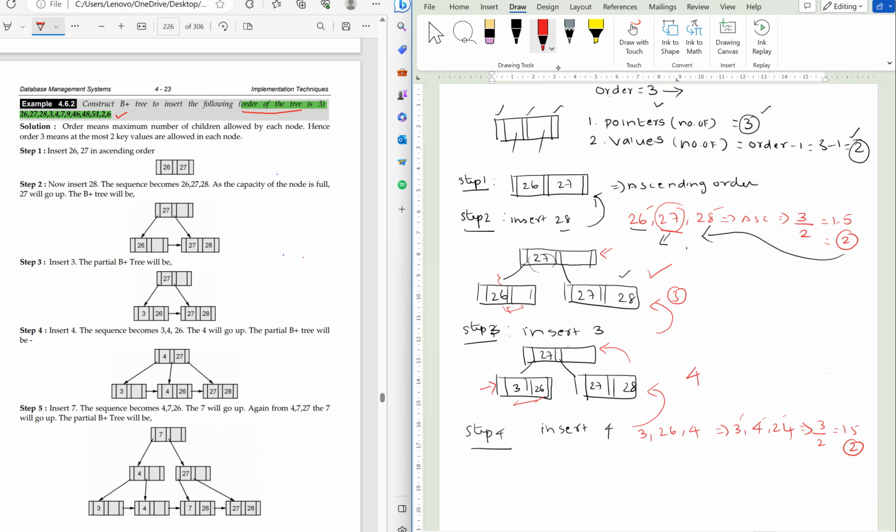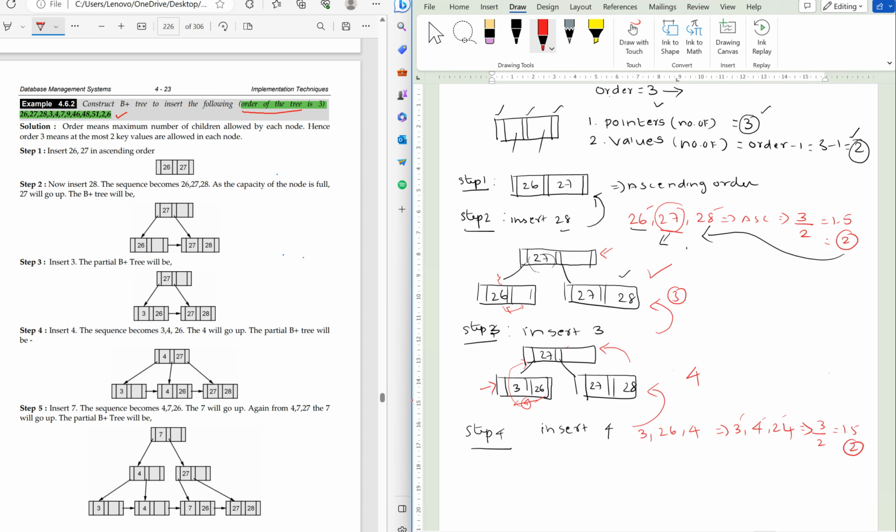We are trying 4 here but there is no place. So the middle element, that is 4, is pushed to the upper level of the node in which the 4 was to be inserted.